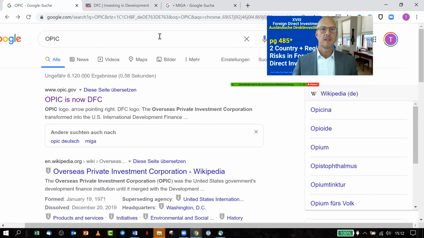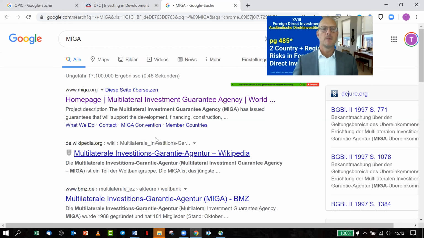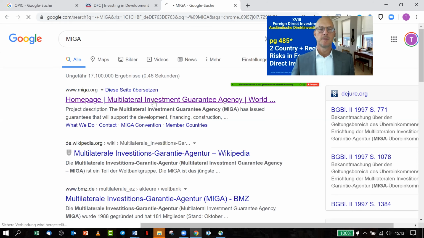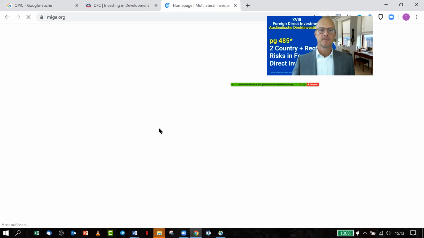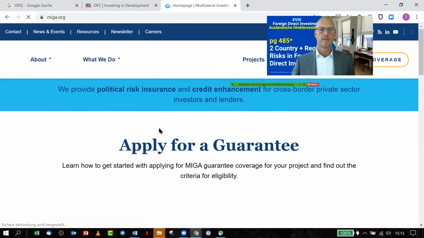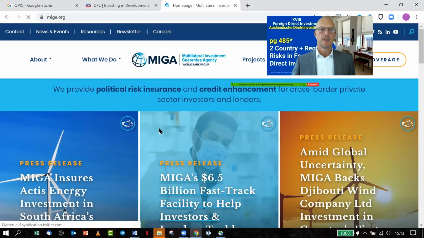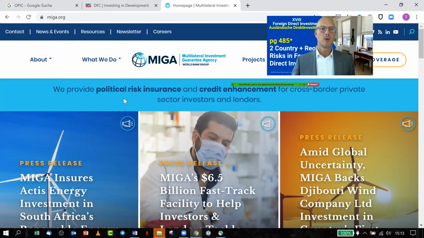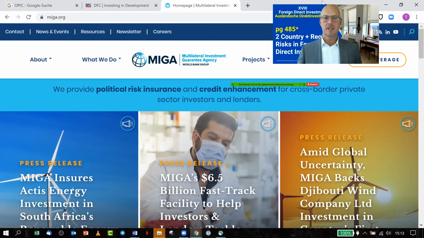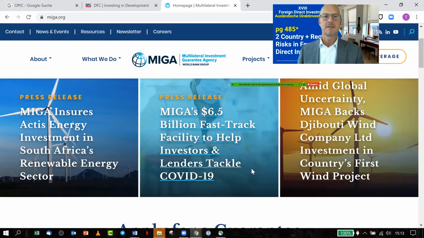Good. The next organization is the MIGA, the Multilateral Investment Guarantee Agency. It's part of the World Bank Group. So they provide political risk insurance and credit enhancement for cross-border private sector investors and lenders, right?